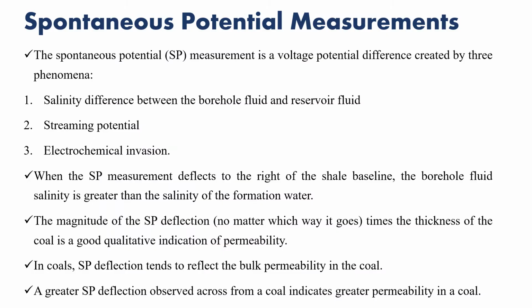Next, spontaneous potential measurement. What does the spontaneous potential measurement do? It is measured by putting a device at the top and at the bottom. The voltage potential difference created by these two meters is due to the salinity difference between borehole fluid and reservoir fluid.